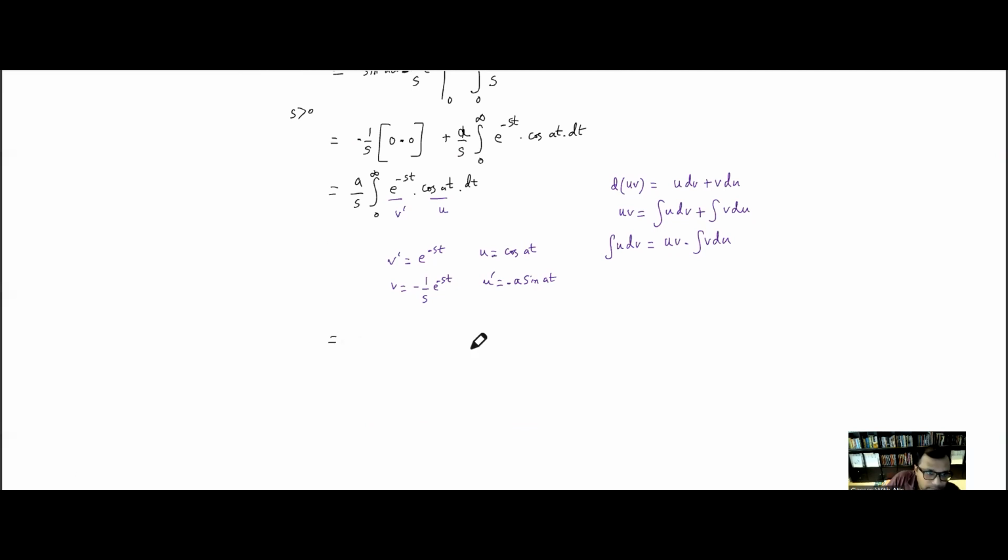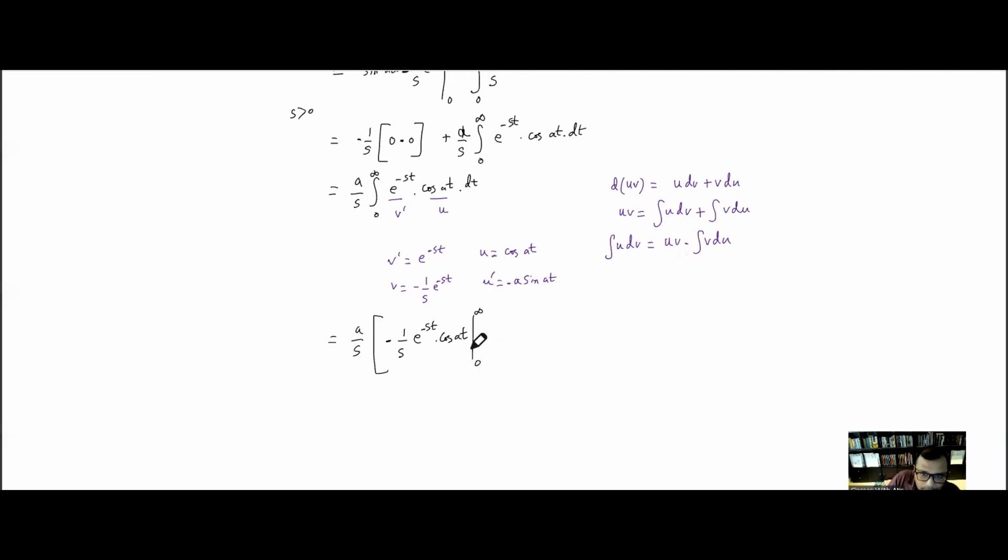So this becomes a by s outside. Let's open up a bracket. So first thing is uv. So u and v: minus 1 by s e to the power minus st times cos at, evaluated from 0 to infinity.